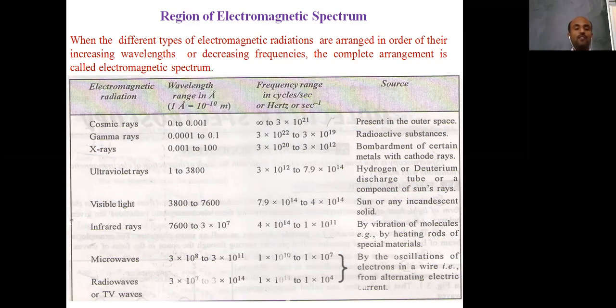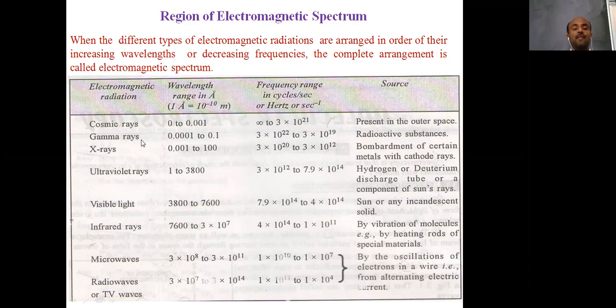The first region of the electromagnetic spectrum is cosmic rays. It is a highly energetic region whose wavelength is about 0.001 angstrom. Frequency is in the range of 3 × 10^21, and it is present in the outer space of the Earth.